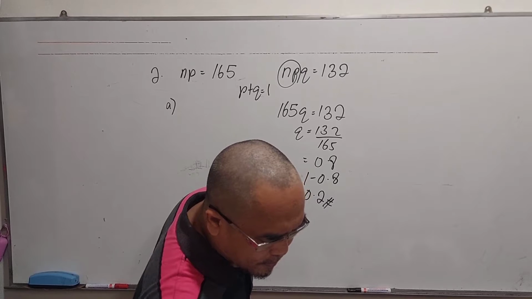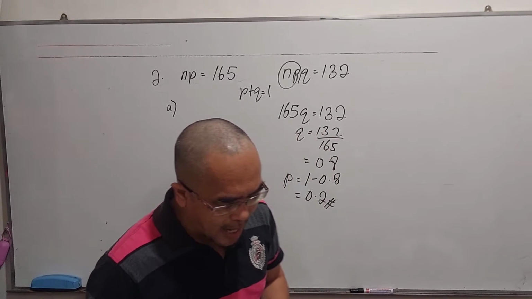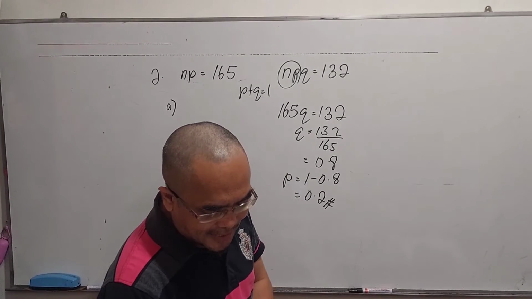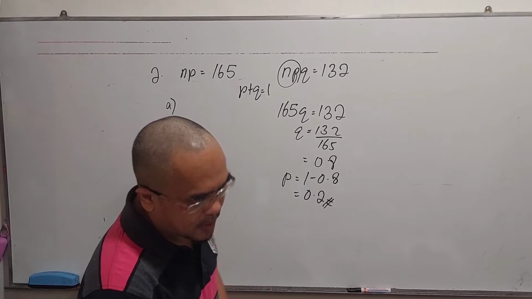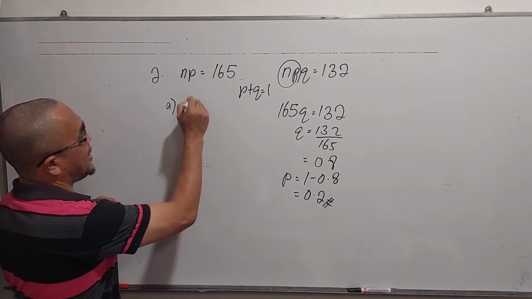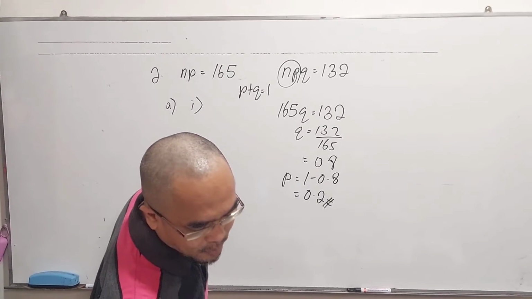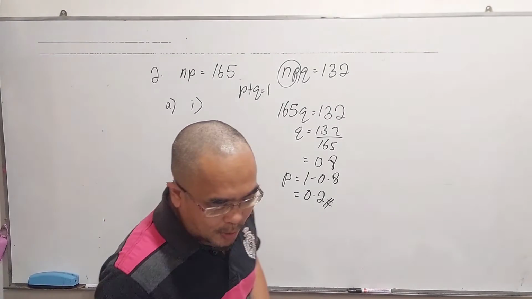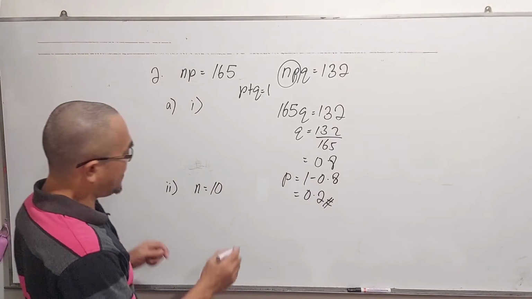Other than that, for A2, if 10 pupils from the school are chosen at random, find the probability that less than 3 pupils are police cadets. Okay, so this is A1. For A2, N is 10, and X is less than 3.